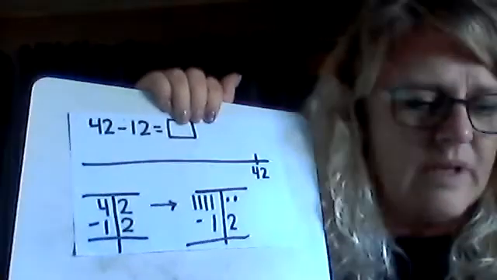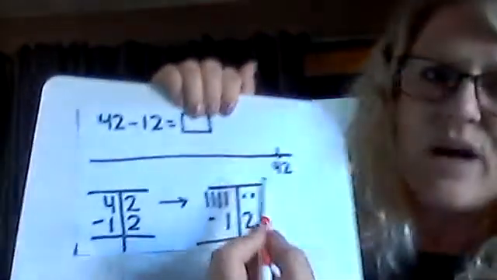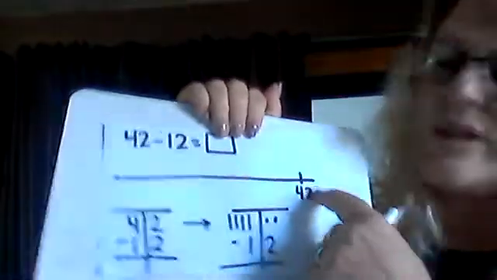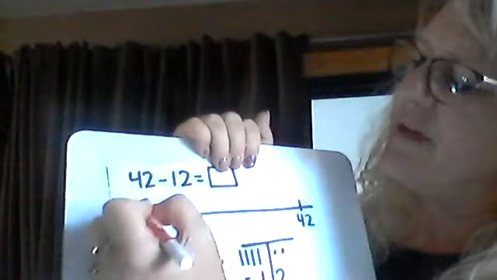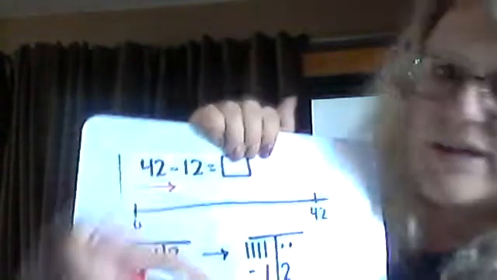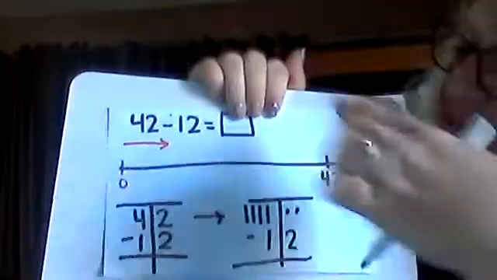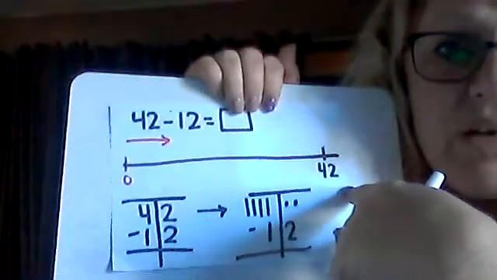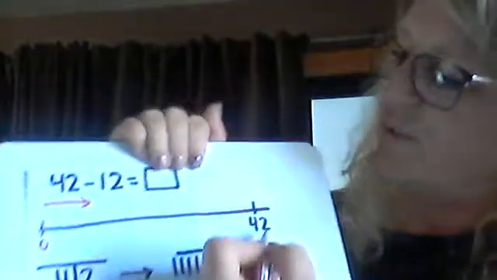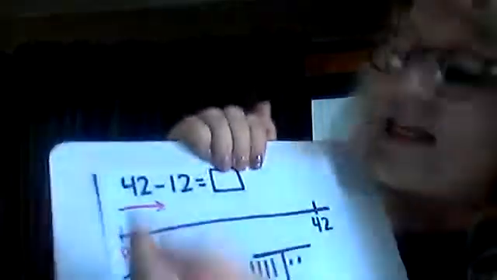Now, the first thing we're going to do is start with a number line, and we're going to start with 42, but remember on a number line, the number line goes that direction. So the big number in subtraction is over here on your number line. Remember in the classroom, the bigger numbers were on the right. So 42, and we're going to take away 12.